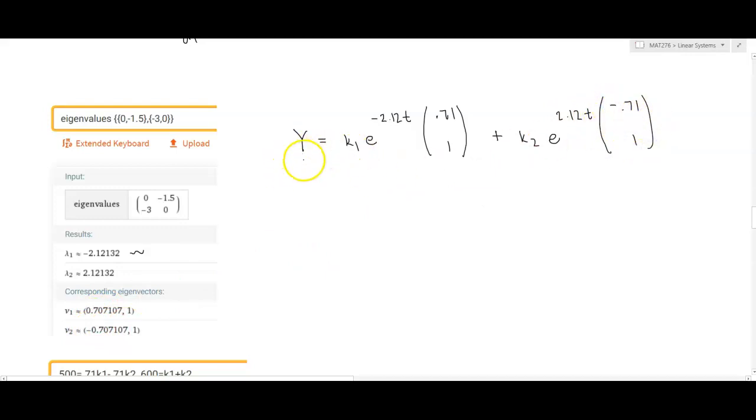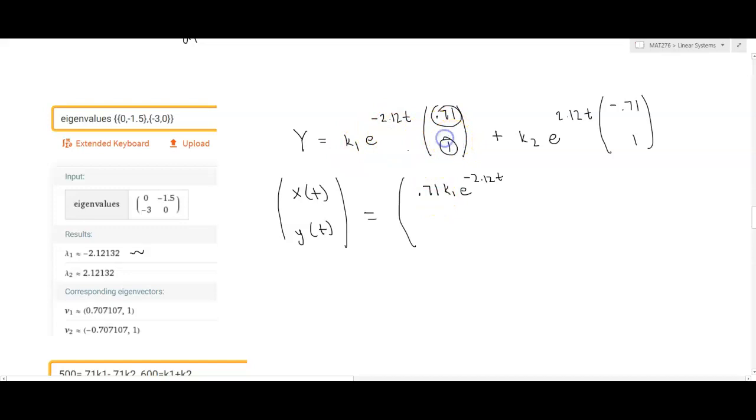So we know that x of t and y of t are the top and bottom components of the vector. And so if I now multiply this in, I'm going to have 0.71 times k1 e to the negative 2.12t. And so that's all I've done here is just this component right here times the k1.